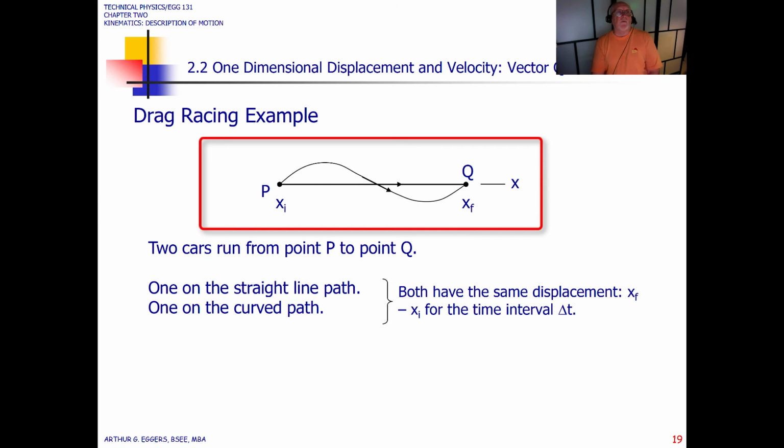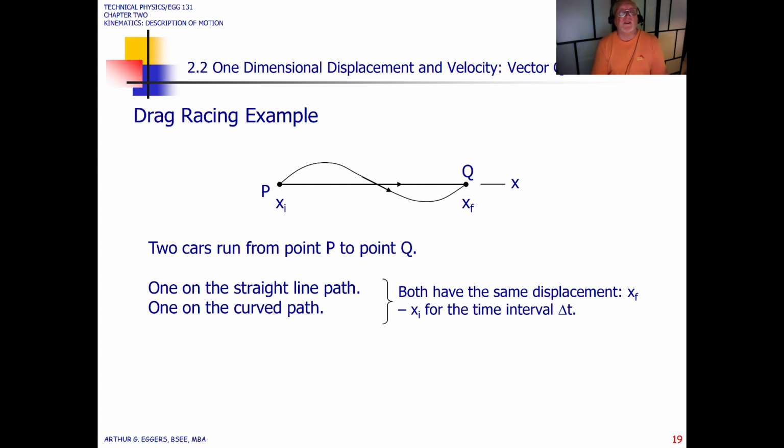So let's take a look at one more here, a drag racing example. Notice here that we've got 2 cars that start at point P and go to point Q. We can see one on the straight line, one on a curved path. Both have the same displacement, the final point, x sub f, minus x sub i, and then the time interval given as delta t.